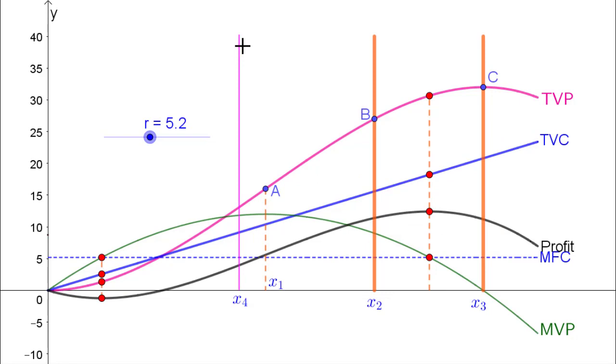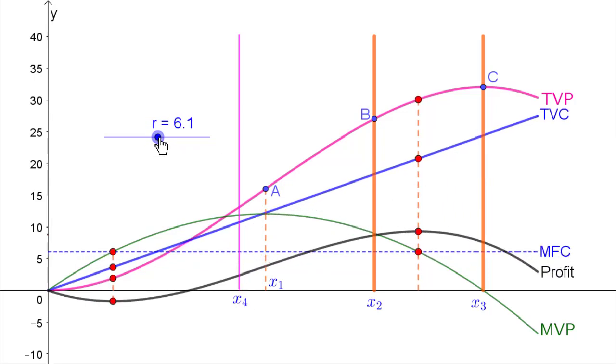If we assume there's another producer with even more restricted access to funds, and now that producer can only afford X4, which is to the left of X1, we can say under this input price, the profit is still positive, so this producer can still produce at X4 in stage 1.